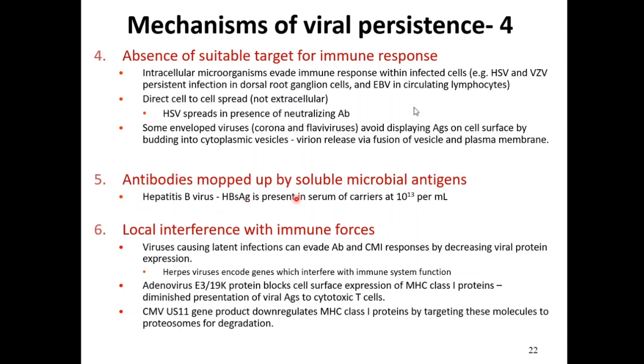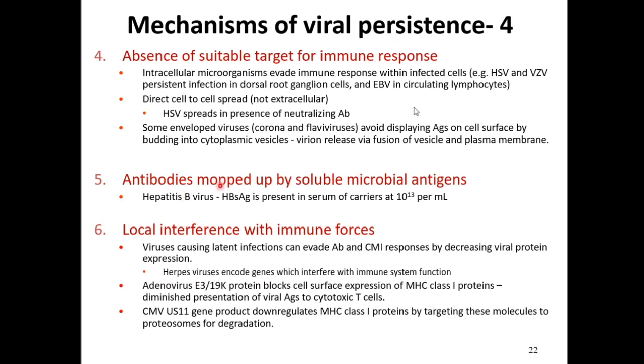Sometimes antibodies are mopped up by soluble protein from the pathogen. This is the case of hepatitis B. Hepatitis B is producing surface antigen, a lot of it, which neutralizes antibody up to a high titer. In such a way, they neutralize all antibodies in the host.